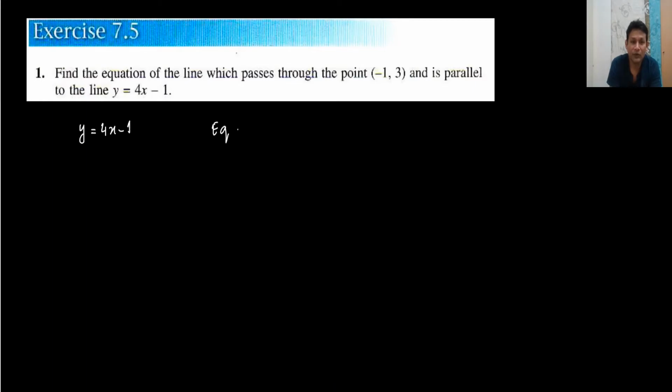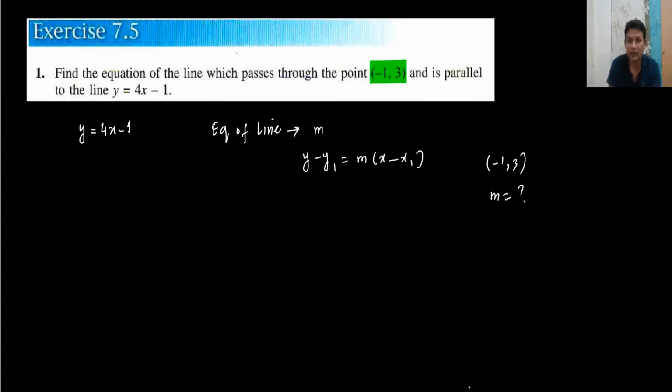Remember, to find the equation of this line, we need the gradient and a coordinate, because we have the equation y minus y1 equals m times x minus x1. This line is passing through this point, so we have the values of x1 and y1. We have one coordinate, but the gradient is not given.